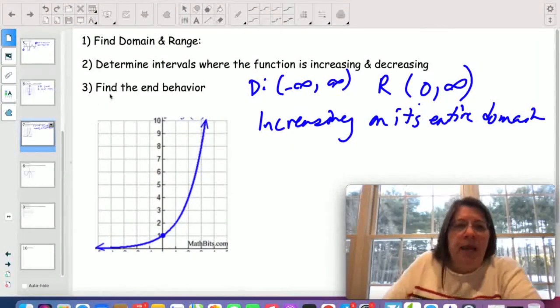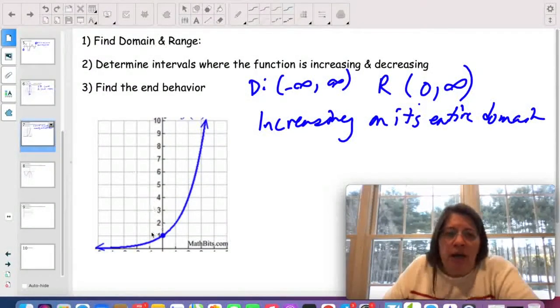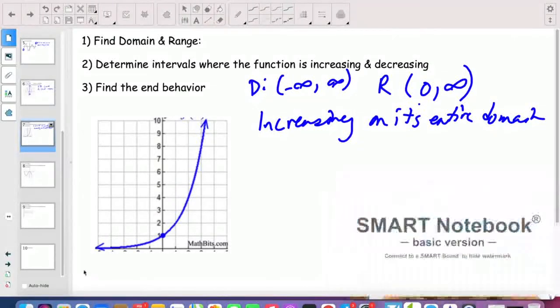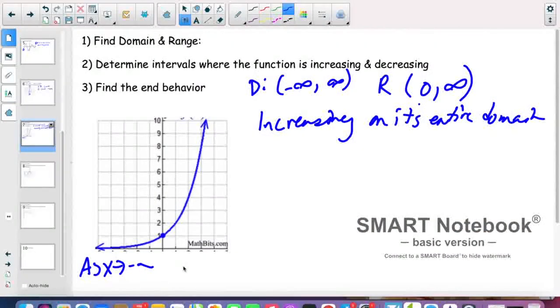And then to find the end behavior, this function goes, as x approaches negative infinity, it approaches 0. So for our end behavior, we would say as x approaches negative infinity, in other words, as x moves left, y approaches 0, its asymptote.